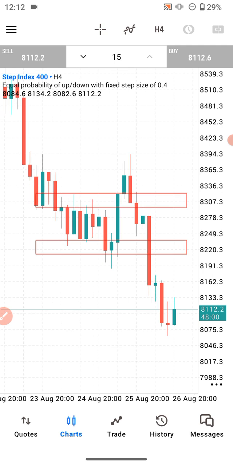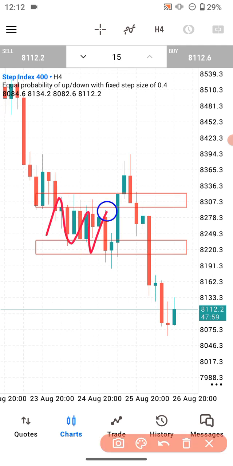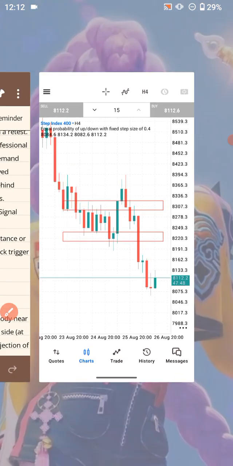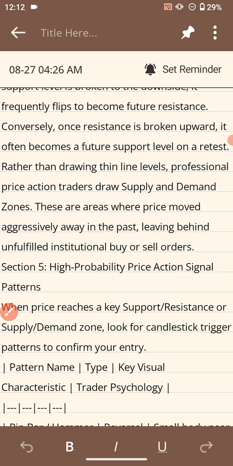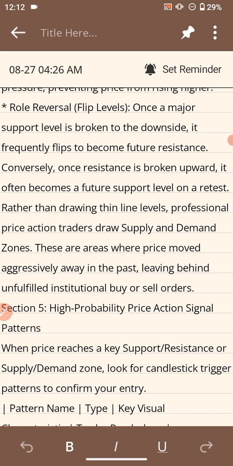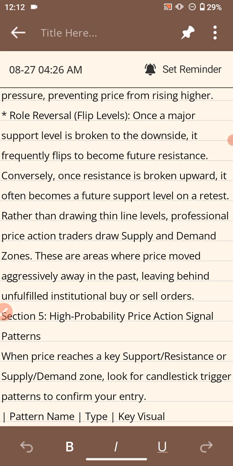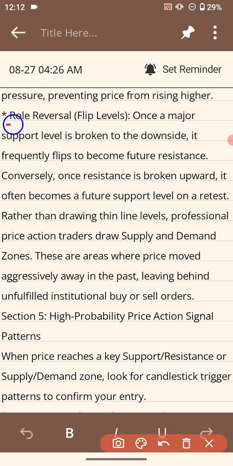Of course, I told you that resistance is when it is moving and then moving. This is support and this is resistance, and the box can help you outline where the institutionals have been doing their thing. Like they told us here, role reversal, flip levels. Once a major support level is broken to the downside, it frequently flips to become a future resistance.